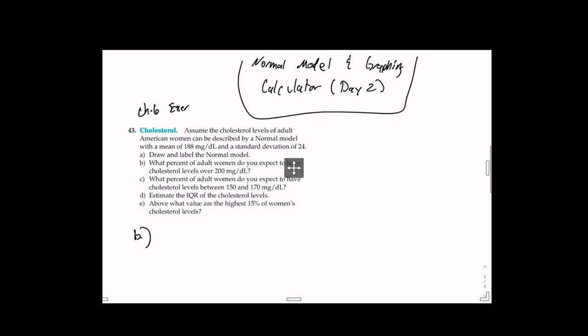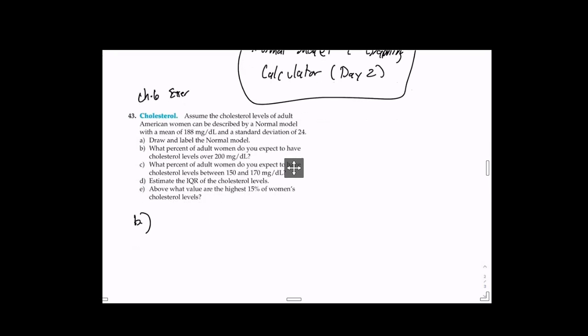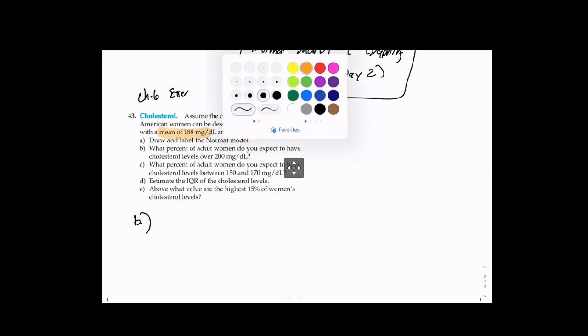All right, what is my expectation for you to do? What percent of adult women do you expect? So first off, it says using normal model. So we know that this distribution is normal. All right, and we know the mean, and we know the standard deviation. And this question is asking me about what percent, and over 200.